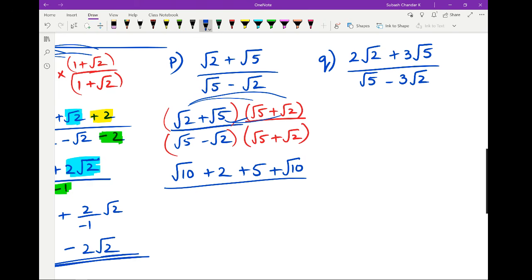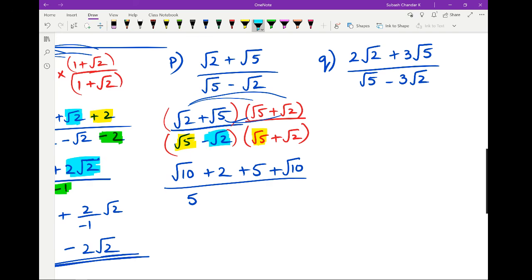In the denominator, and here's the shortcut that I wanted to talk to you guys about, remember that the middle term is not going to matter because it's going to become 0 anyway. So what you can do is just multiply the first terms: square root of 5 times square root of 5, which is 5.